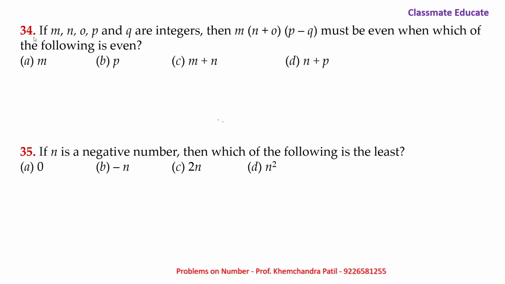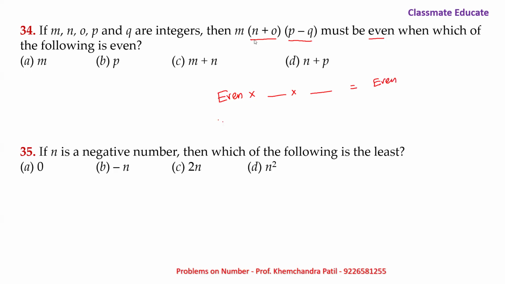Let us read question number 34. If M, N, O, P, Q, R are integers, then M multiplied by N plus O multiplied by (P minus Q) must be even. Which of the following numbers is even? Yesterday I told you, if one of the numbers in a product is even and the other numbers are anything, the whole product will be even.